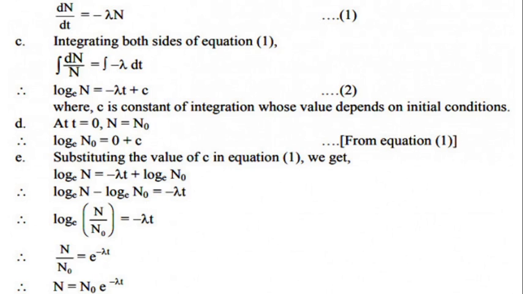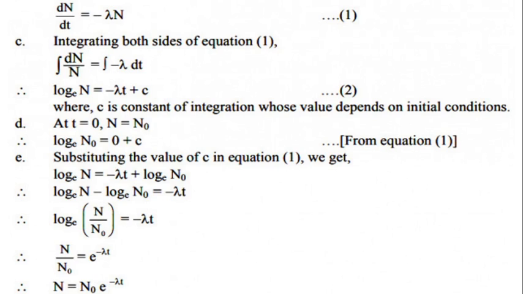So this condition can be applied in the second equation, and you can find out the value of c as log N0. So again you can substitute the value of c in the second equation. So log N is equal to minus lambda t plus log N0. Again taking the log terms to the left hand side, log a minus log b will be log a by b.